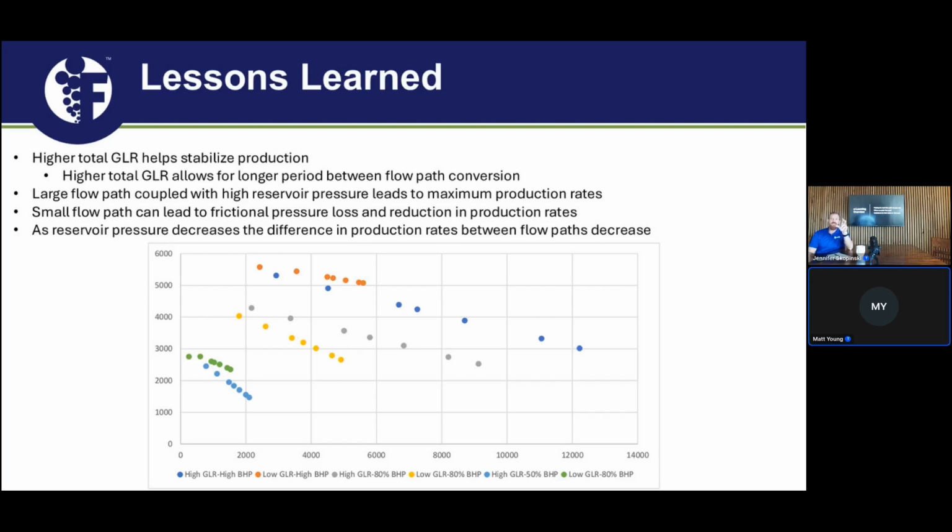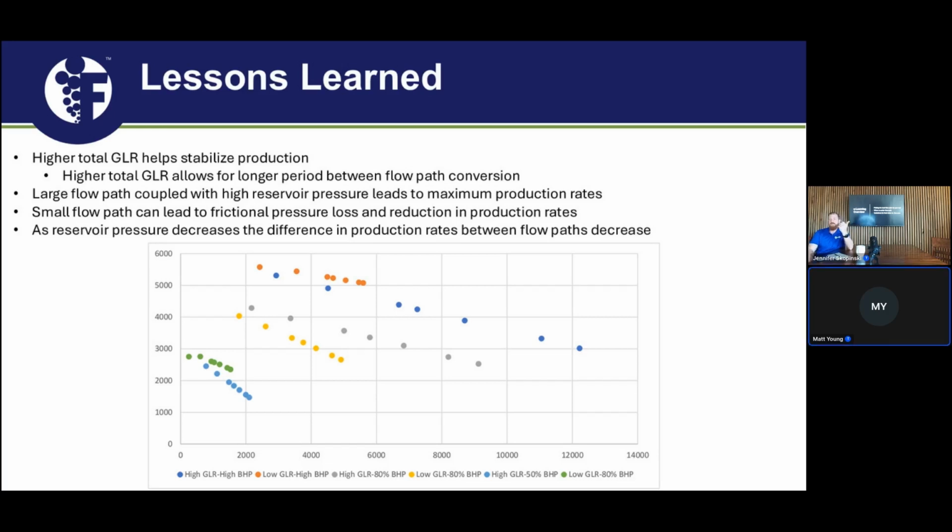And you can see that if we have the benefit of high reservoir pressure and high GLR, our span between flow areas and production rates range from 3,000 barrels per day up to 12,000 barrels per day. So a really big span of production capabilities if we have reservoir pressure and formation GLR.